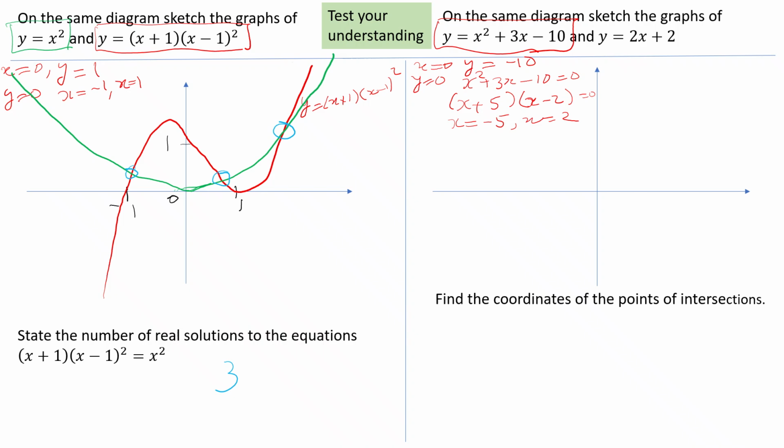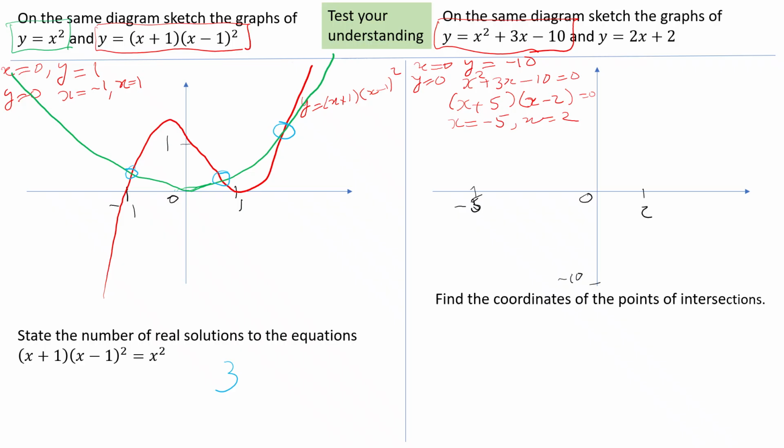So here I'm going to mark the points: x equals 2, x equals minus 5, and minus 10.